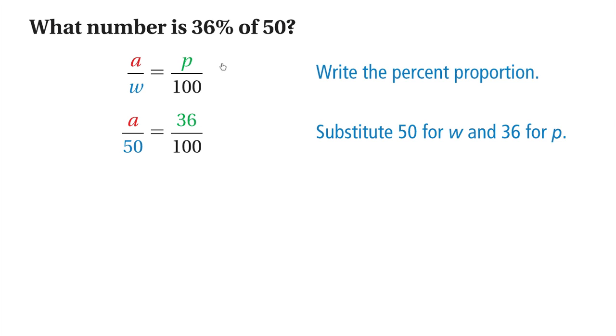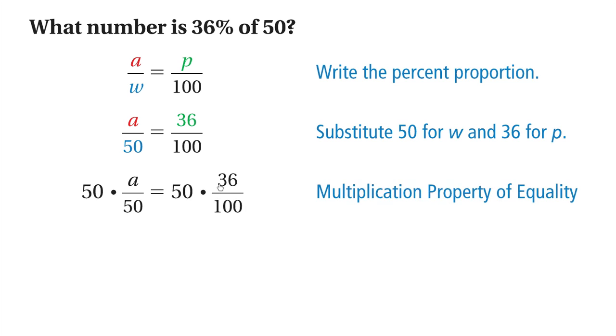All right, and then we're told the whole is 50, and we're trying to figure out, all right, well, what's 36% of 50, right? It's equal to 36 out of 100. What they have us do is multiply each side by 50 to cancel it out. You end up with A equals 18 after you simplify. I think this is a really silly method. So what I'm going to do is show you my method.